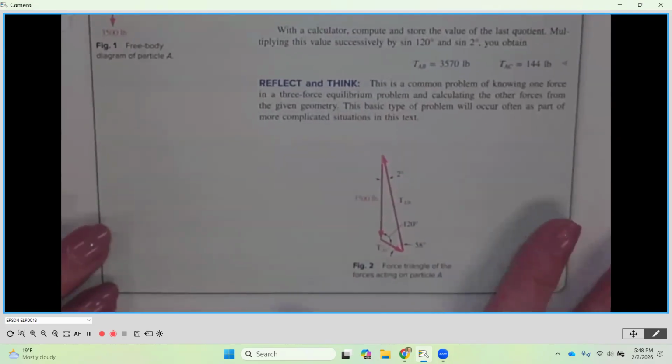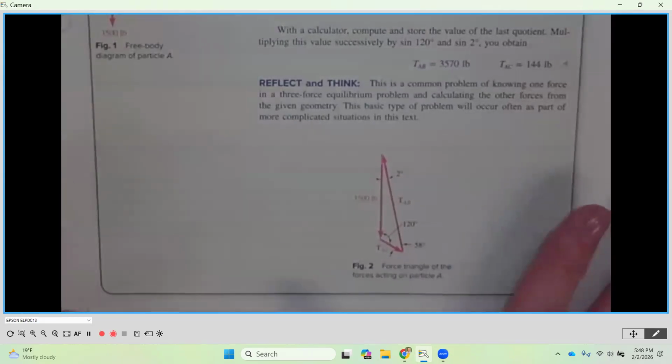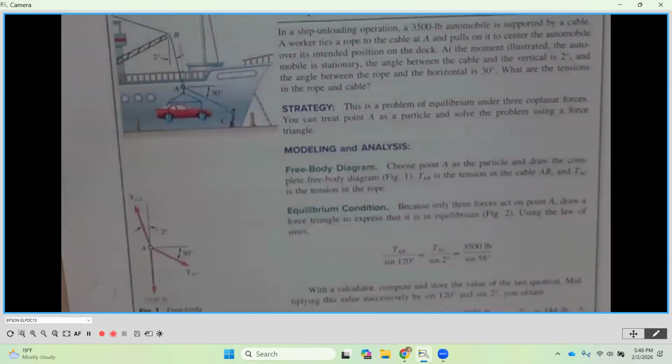We're going to use our rectangular component method because then we can apply our standard equations of equilibrium, sum of the forces in the x and y equals 0. And we can then also use the component method that we started learning about the last time, in module 2. So we're going to take just a slightly different approach, but we're going to be getting the very same answers that they have, okay?